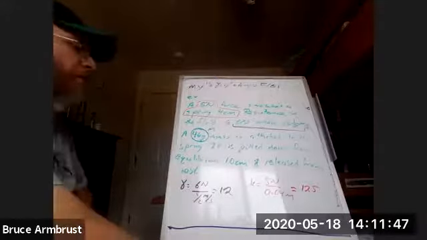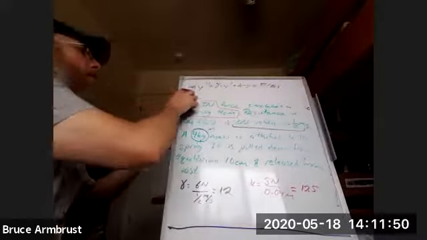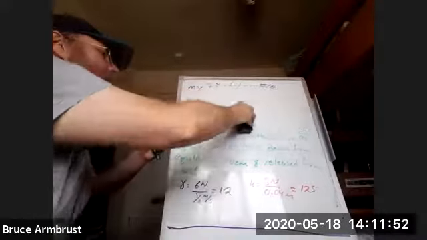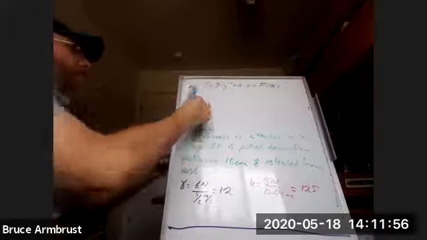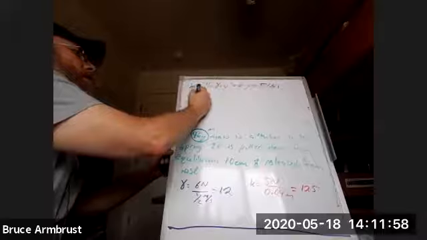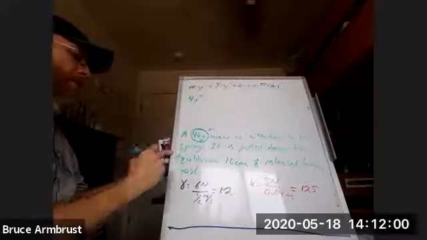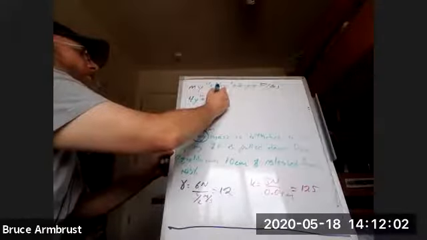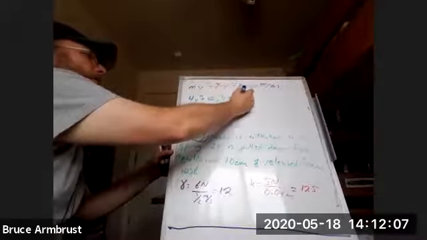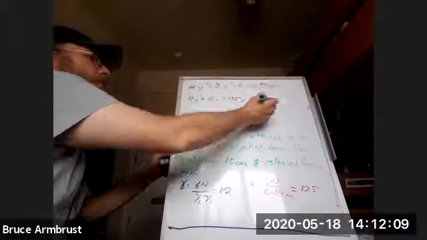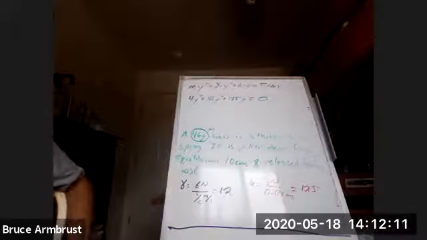All right, so we've got everything we need. Let's create that differential equation. We're going to have 4 times y double prime plus 12 times y prime plus 125 times y, and we're going to go ahead and set that equals 0.